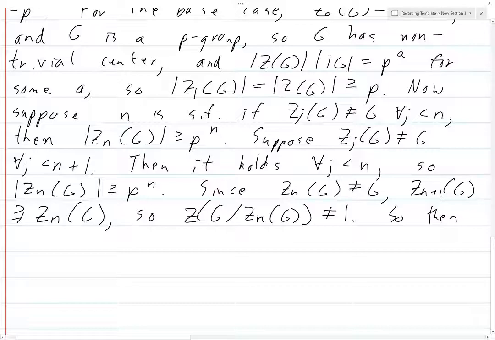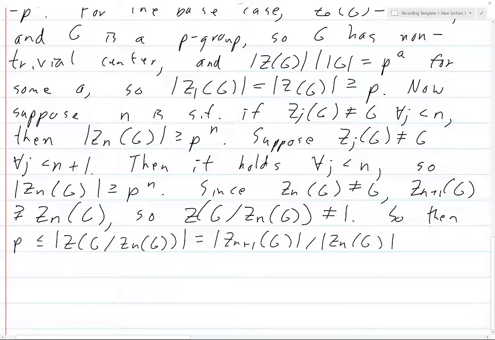And so then we have p is less than or equal to the order of Z(G/Z_n(G)), which is equal to |Z_{n+1}(G)| over |Z_n(G)|.